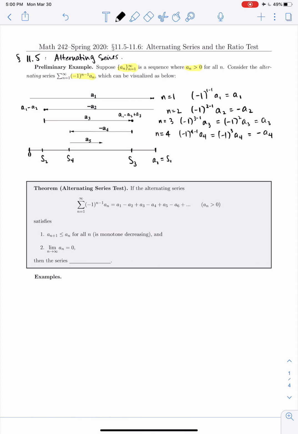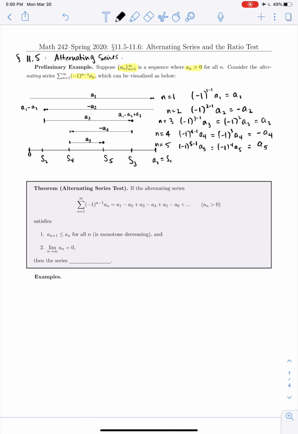And just to finish the example, when n is 5, you have -1 to the 5 minus 1 times your fifth sequence term, and that's -1 to the fourth times a5, which is a positive a5. So you're adding a positive a5 to the fourth partial sum to get to here. That ends you at s5.